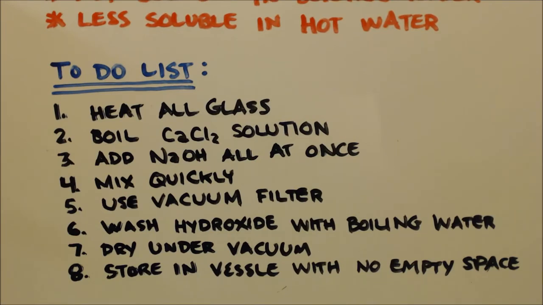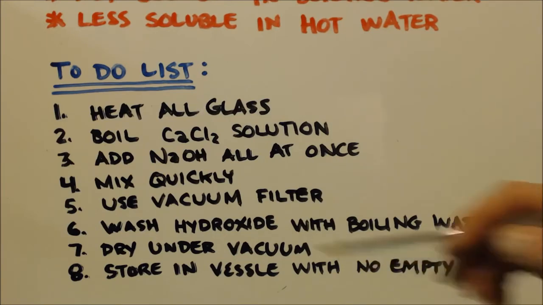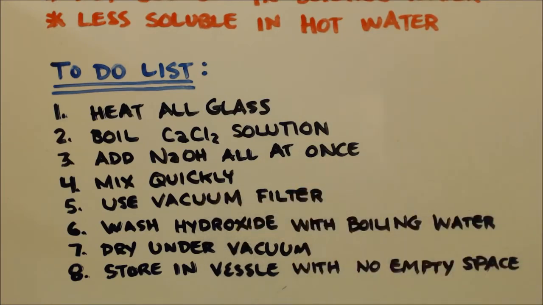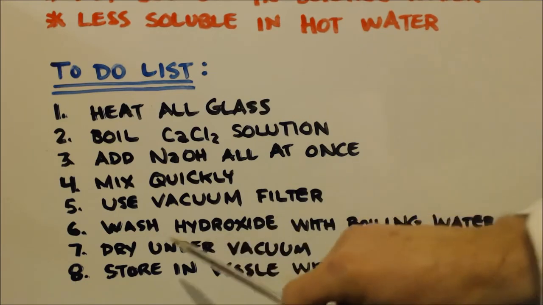Then I mixed them together real quick, and instead of putting them in a big box and waiting for, and siphoning out the water and all that, like I do with a carbonate, I used a vacuum filter. Yeah, because I didn't make much, because time is of the essence with this. So I threw it all into the vacuum filter, and I didn't do it, but you should, and I said it in the video.